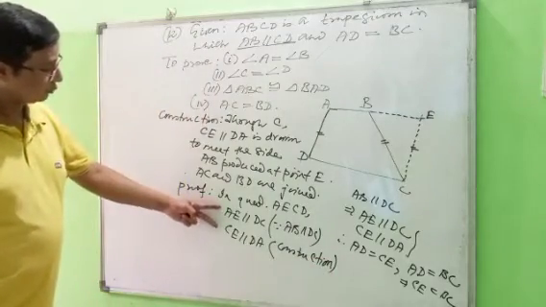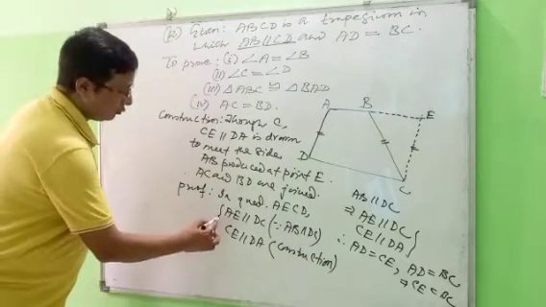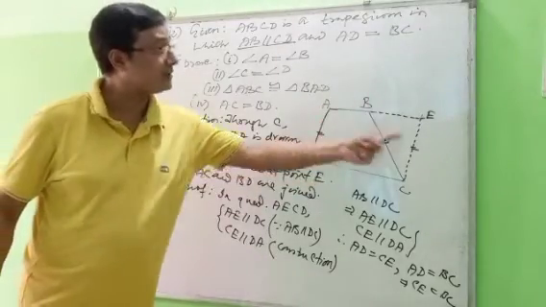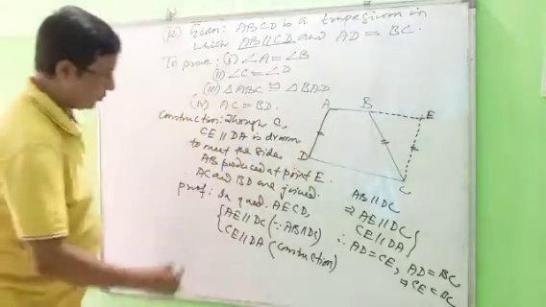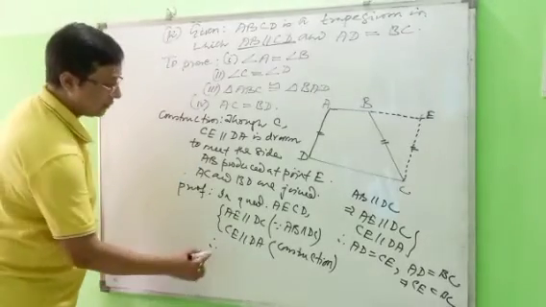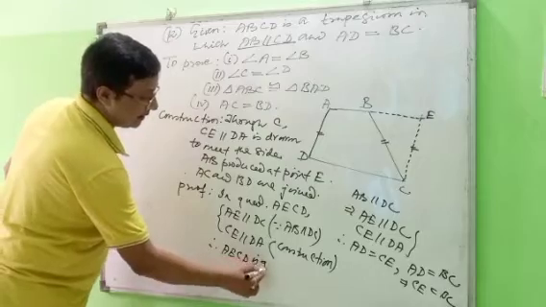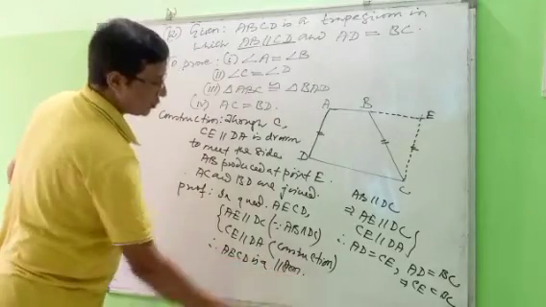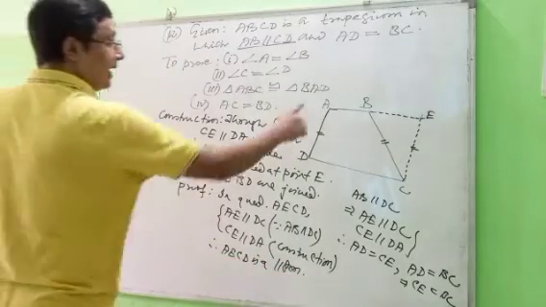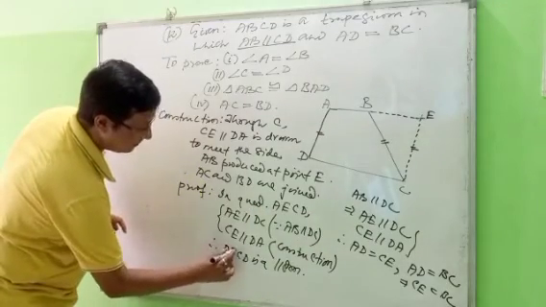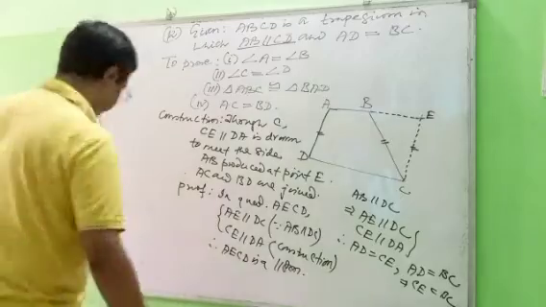Now from these two conditions, as both pairs of opposite sides are parallel, AECD is a parallelogram.